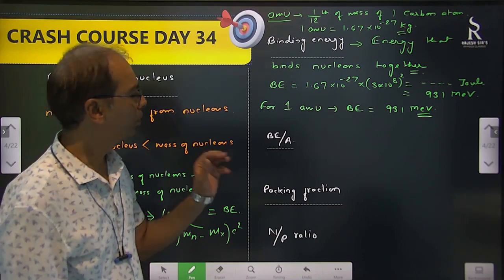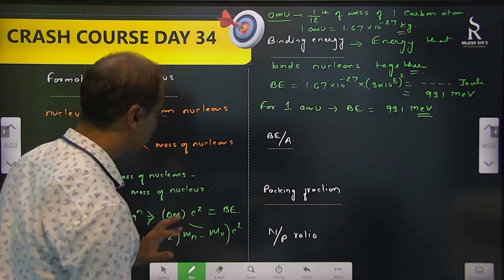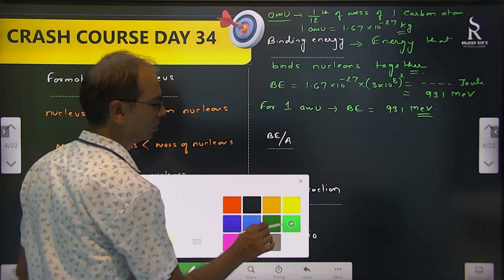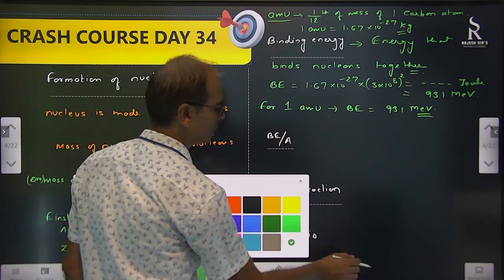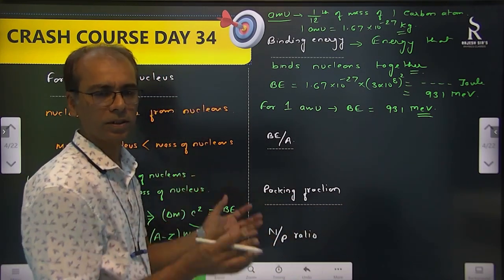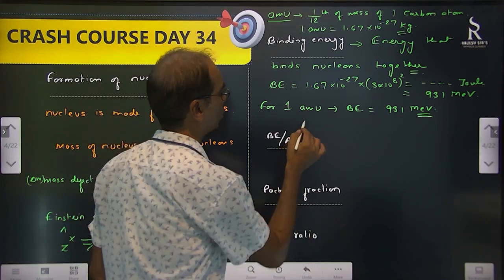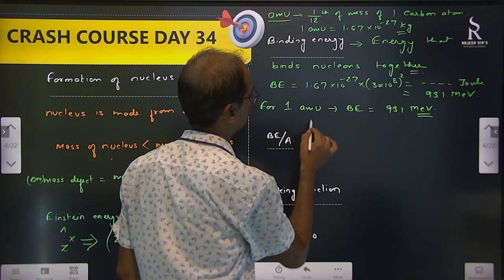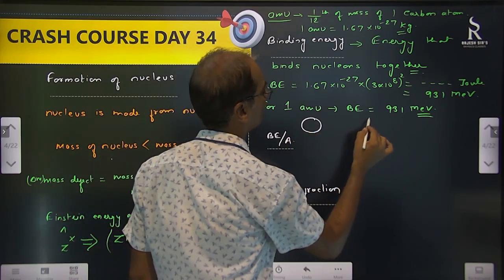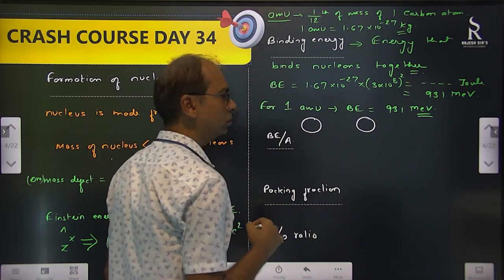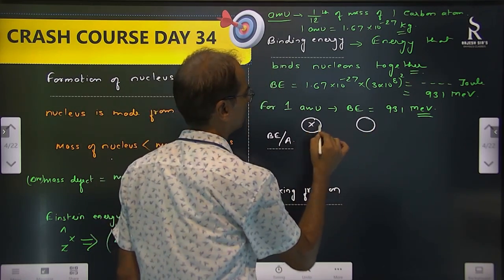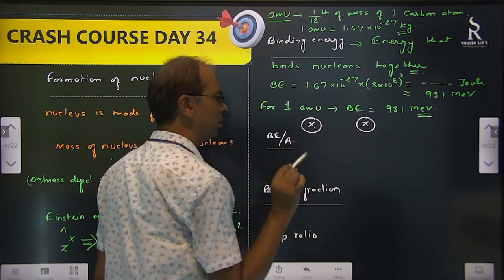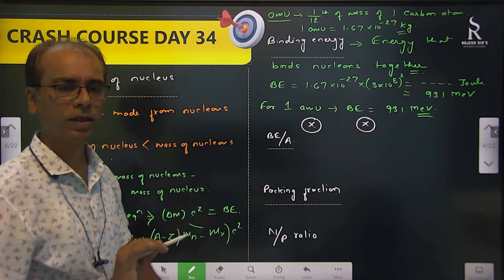Suppose two particles of the same element are there. Suppose this is one element X, and this is another element X. Same number of protons, same number of neutrons, everything is same.